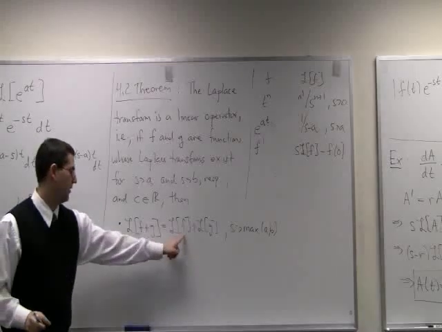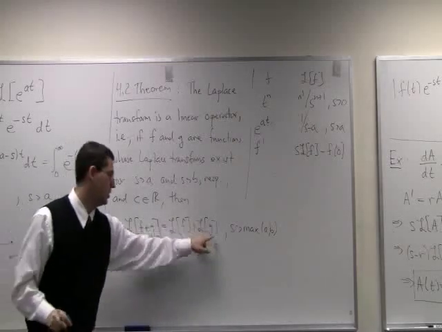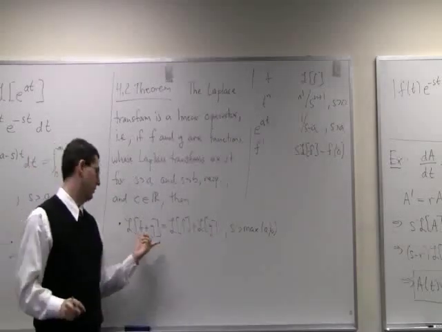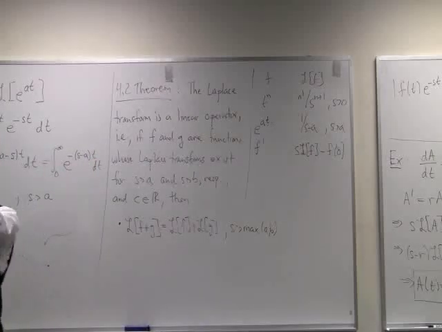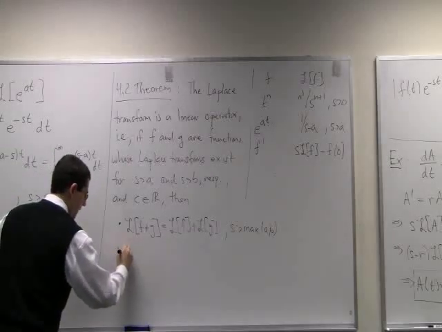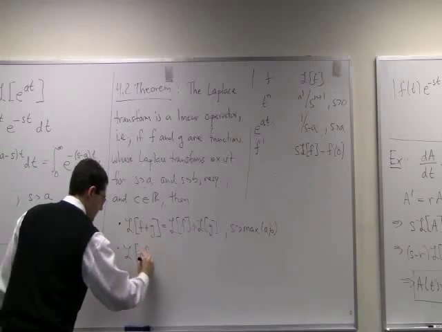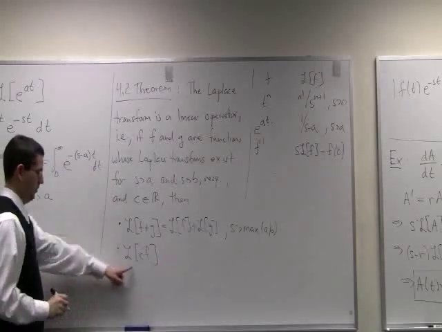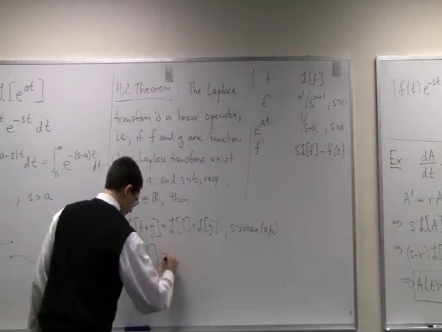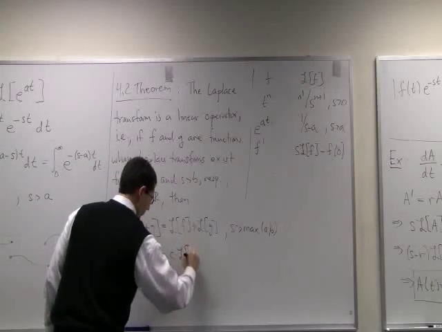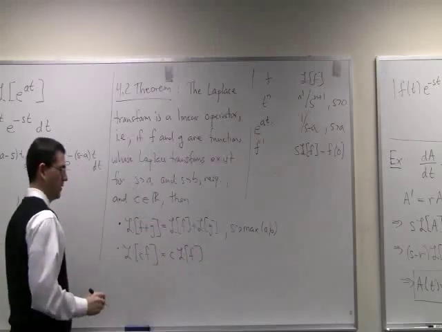So the f only works for a, the g only works for b, and the sum is only going to work for whichever of a or b was bigger. You have to at least start as big as the biggest one. And the other one is what we already used. It says if you multiply a function by a constant, the Laplace transform is changed only by that constant.